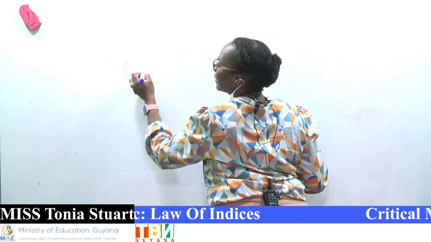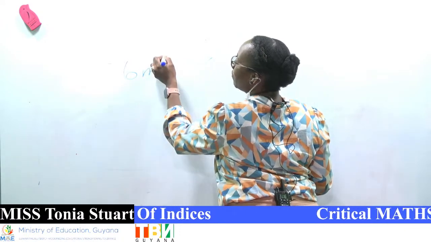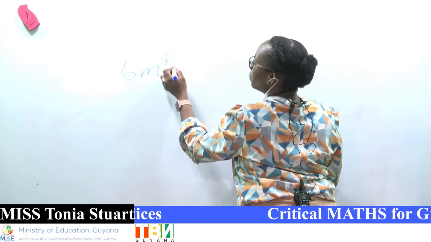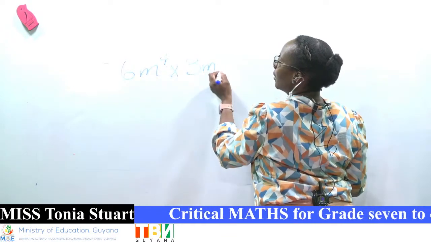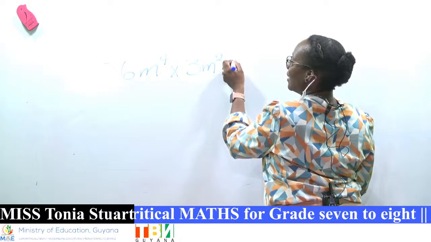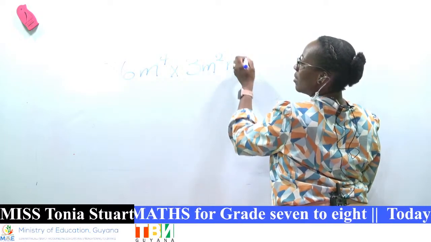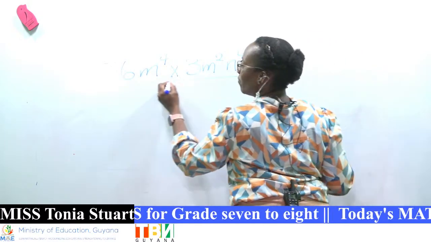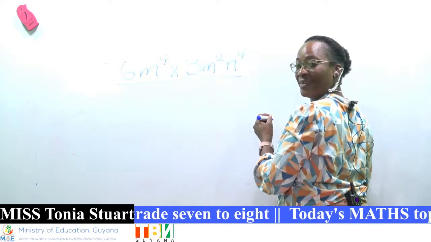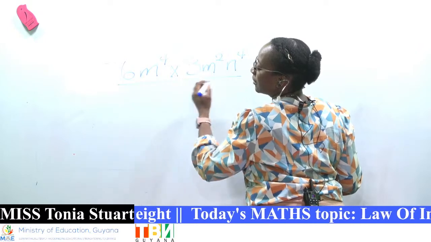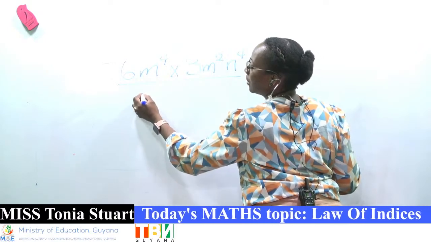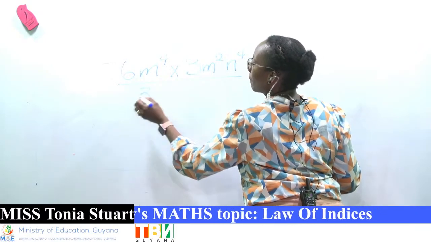So 6m to the 4th power multiplied by 3m to the 2nd power n to the 4th power, divided by... let's see... something hard.